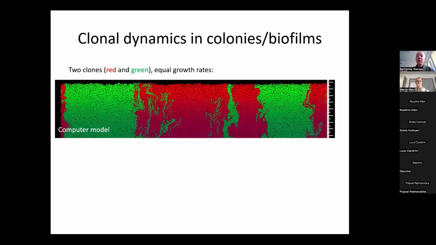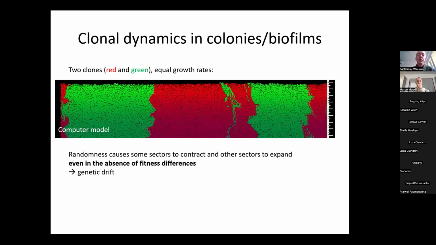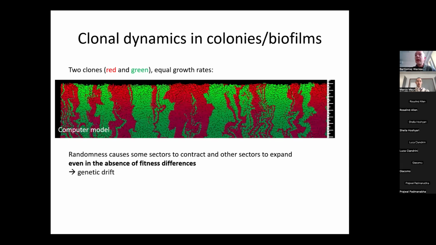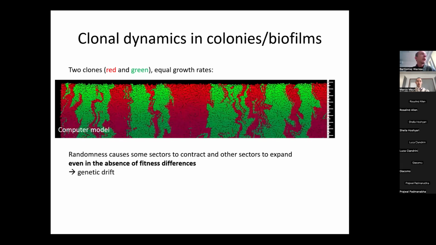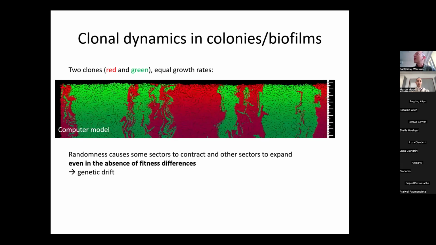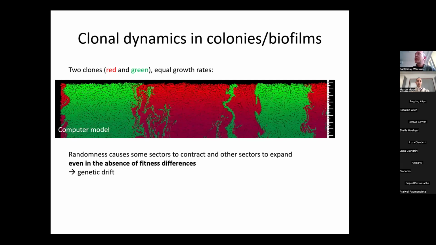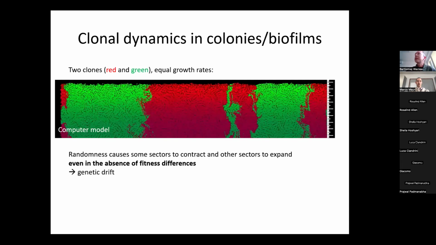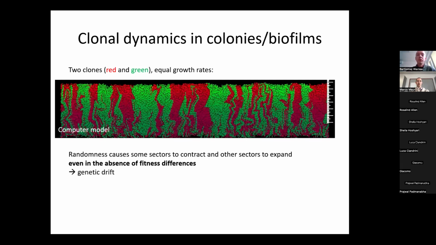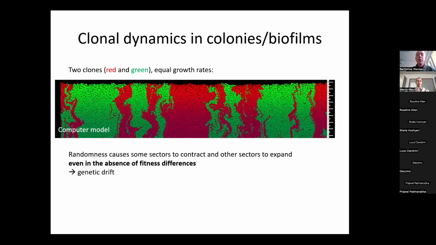Most smaller sectors will collapse, and larger sectors will grow at the expense of the smaller ones. And this is nothing else but just genetic drift, this term from population dynamics, which describes random variations in the frequency of genetic alleles or genetic variants, more generally speaking. So that's another thing to remember.